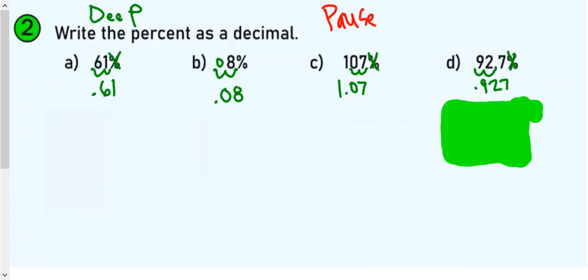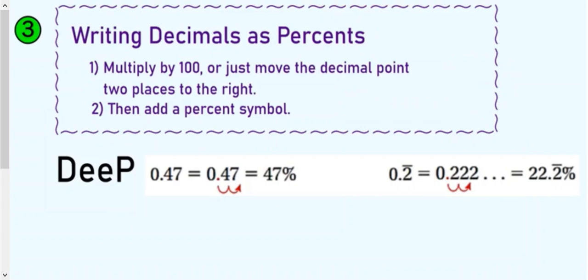Alright, so this is going from a percent to a decimal, and now we're going to look at going from a decimal to a percent. So writing decimals as percent, we're going to multiply by 100, or we can just move the decimal point 2 places to the right, and then add the percent symbol.